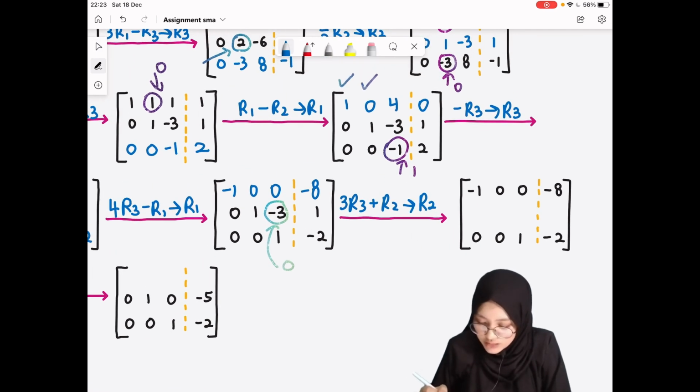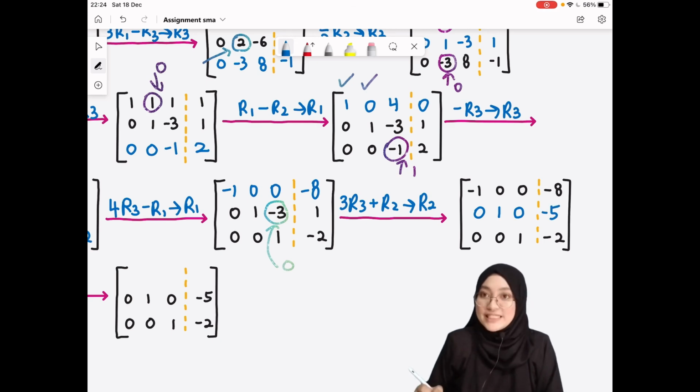So the answer that we will get is 3 times 0 is 0 plus row 2 here 0, and then 3 times 0 plus 1, we will get 1. And then 3 times 1 plus negative 3, we will get 0. And then 3 times negative 2 plus 1, we will get negative 5.